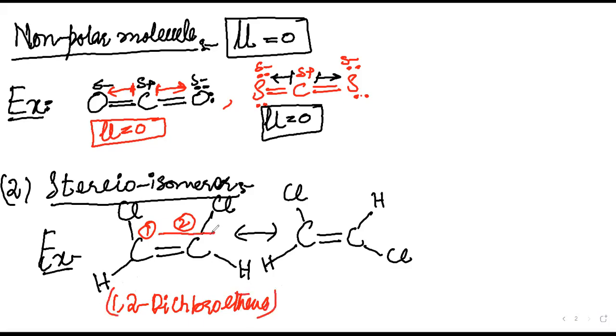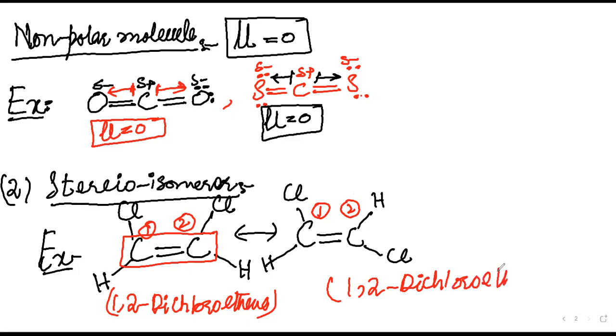These are two carbons that have a double bond, so it is named ethene, and the two Cl are placed on carbon 1 and carbon 2. Its name is 1,2-dichloroethene. Both molecules have the same IUPAC name but a difference in structure.